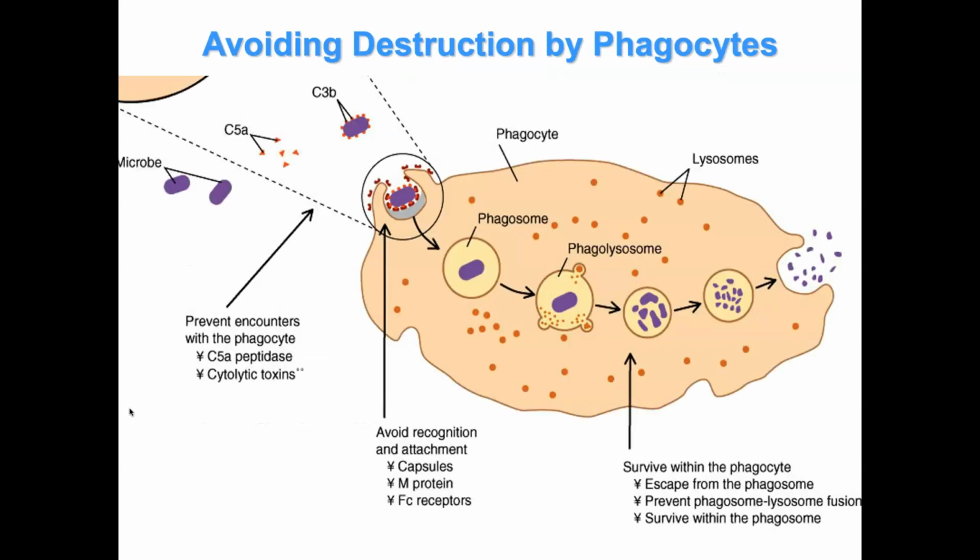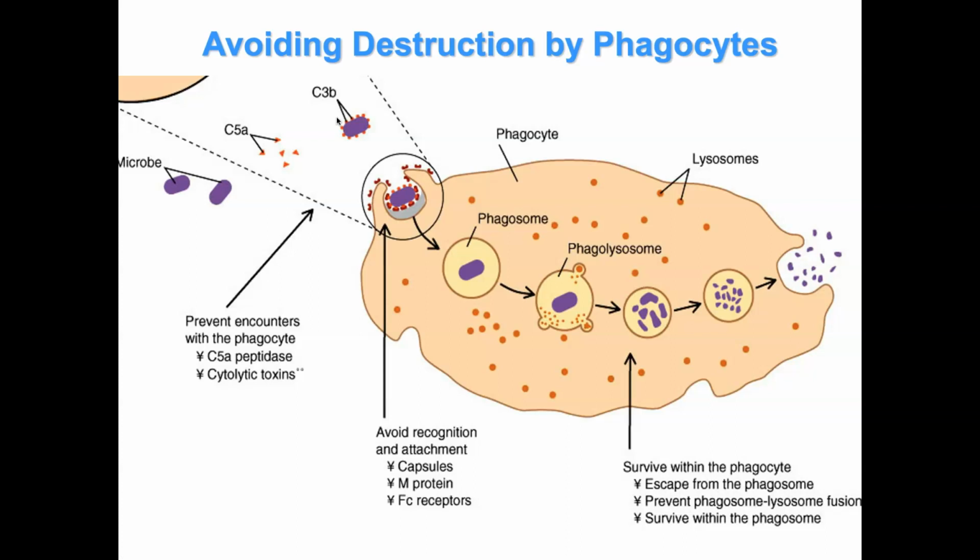This is a very nice slide that shows you the various ways that microorganisms can avoid destruction by the phagocyte. We went over this slide before when we were talking about how phagocytes destroy pathogens. Usually here we see a pathogen, a microorganism. It's going to be opsonized, right? C3b will coat this pathogen, and it serves as a marker to increase phagocytosis.